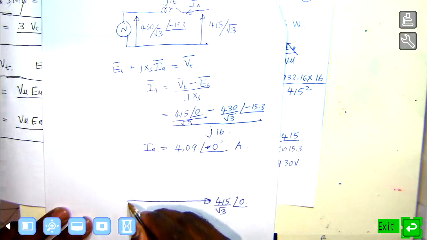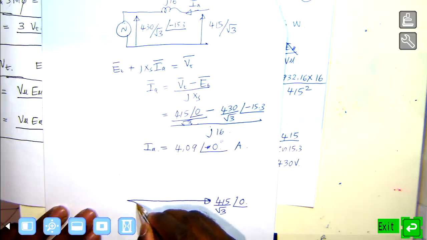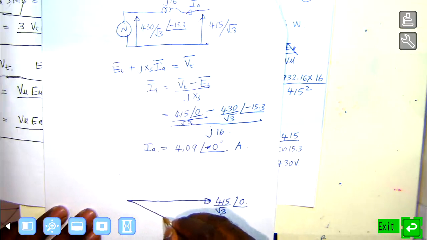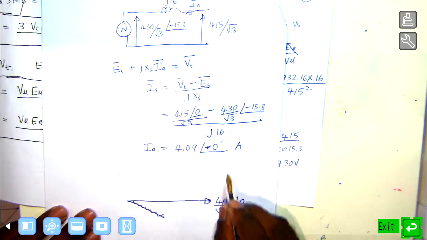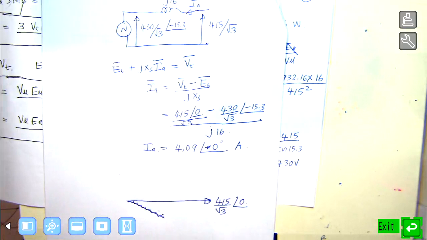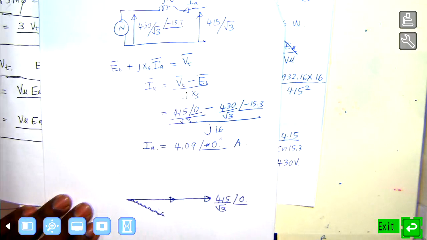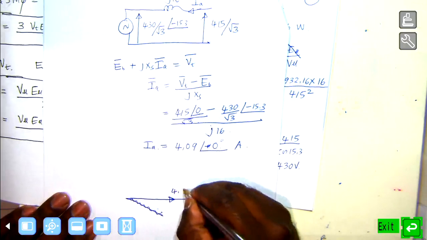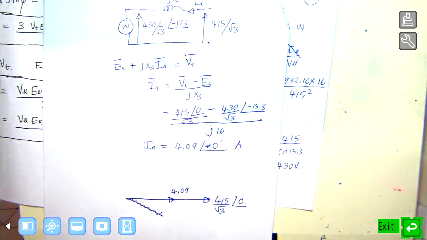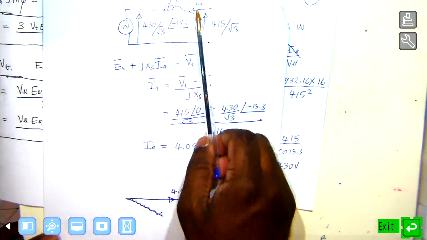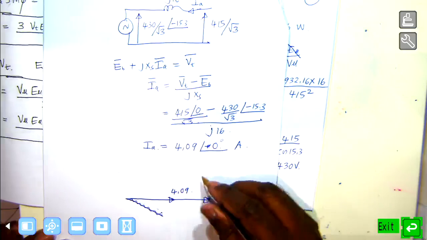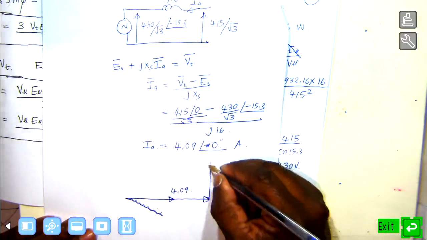So then you have some current. So the current here is in phase with the terminal voltage. So that's unity power factor. So that's somewhere here. That's the unity power factor current. So 4.09. And then JXIA. That's somewhere here.